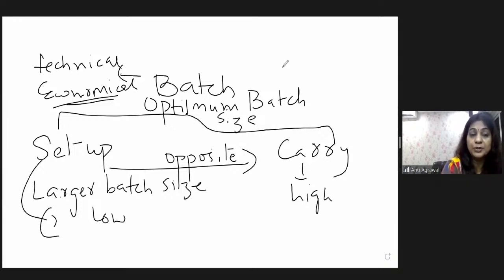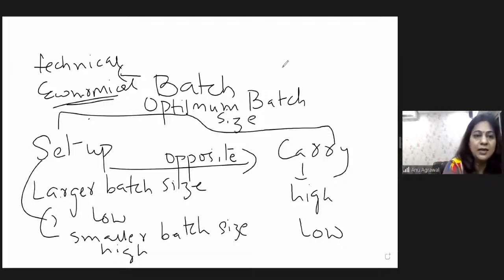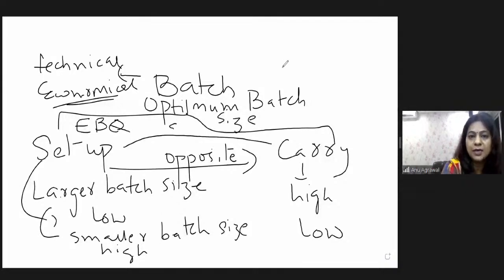But if I decide to produce a smaller batch size, yes, my setup cost will be high because I'll have to keep on setting up the machine again and again, but my carrying cost will be low. These are two opposite costs. So if I manufacture in the economic batch quantity, that means both these costs become equal, and I will be able to optimize my batch.